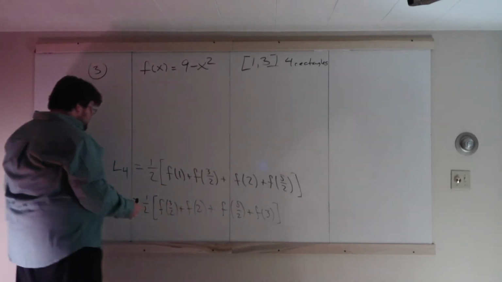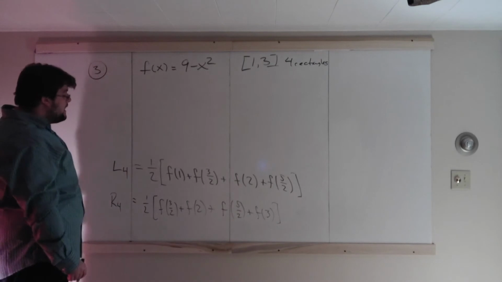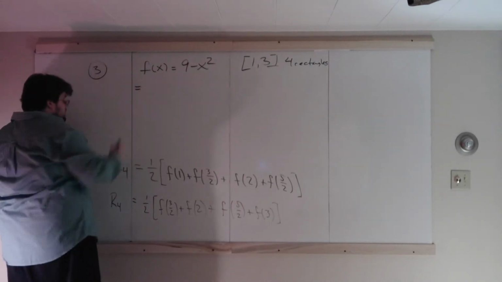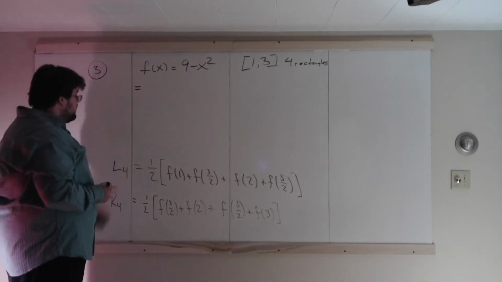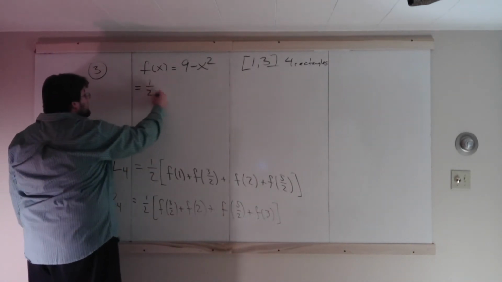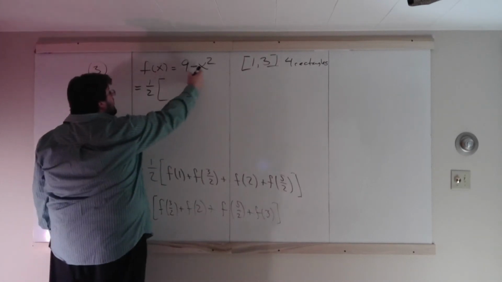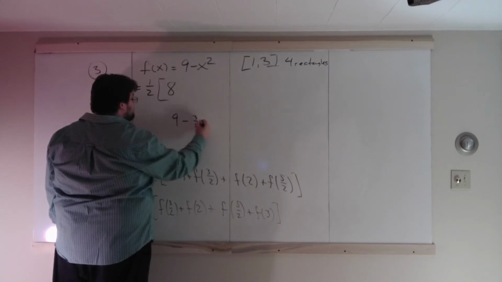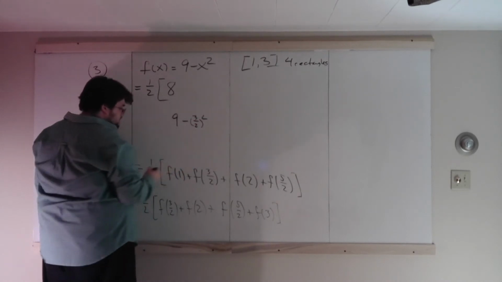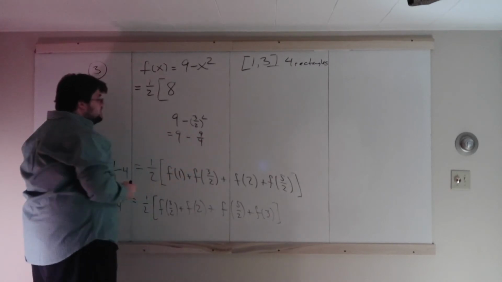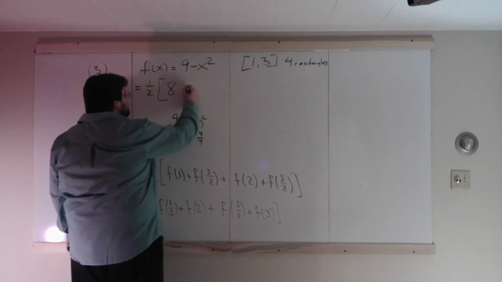So hopefully you took that advice and left a couple lines of space between L4 and R4. I'm going to continue L4 here. If you left space, you would continue right under. Equals 1/2. F of 1, 9 minus 1 is 8. F of 3/2, 9 minus 3/2 squared is 9 minus 9/4. I'm going to leave it like that.